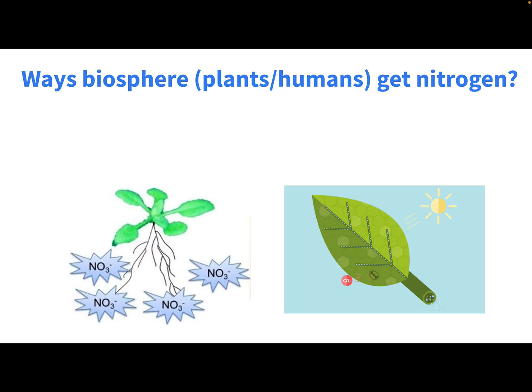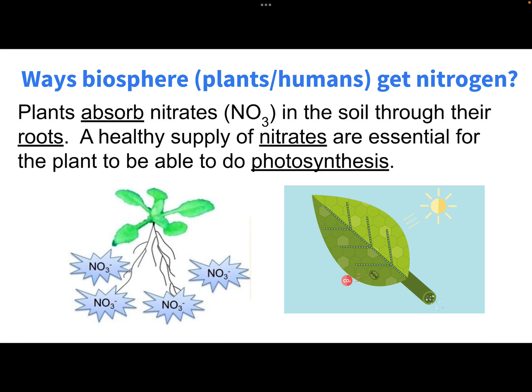So how do plants, how do living things get nitrogen? It's essential for all living things, as is water and carbon. But how do we actually get it? Well, starting with plants, plants are locked into the soil already. They have direct access to all of this nitrogen from the soil.